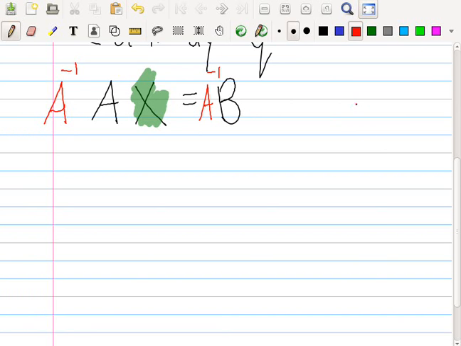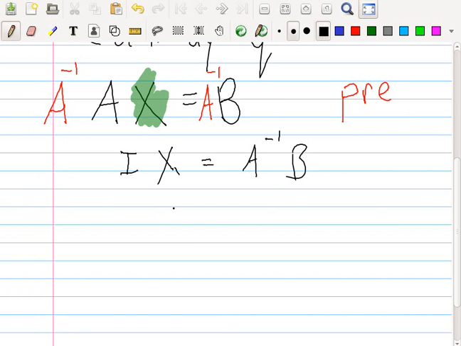So in fact, I am multiplying both sides by A inverse, but to be more precise, I'm pre-multiplying both sides by A inverse. In other words, I'm putting A inverse at the front of both sides. Now that's great, because what's A inverse times A? I. Yep, it's just going to be I. And then what's I times X?